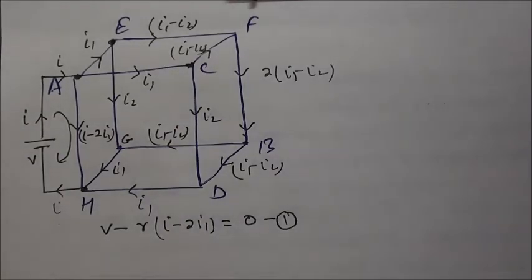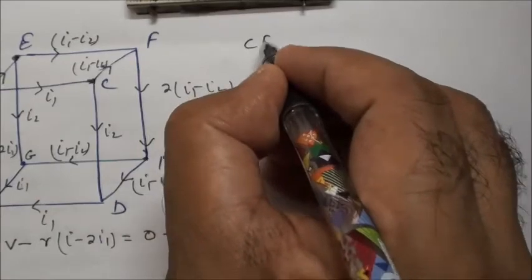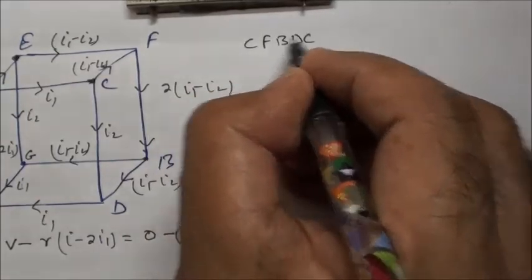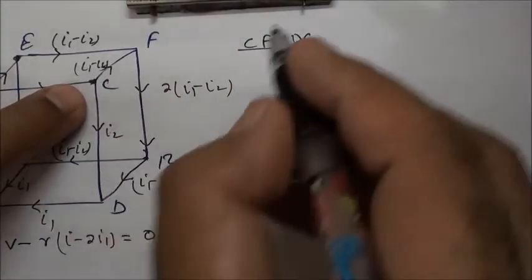Another one I can take from the loop, this one, CFBD. So CFBDC, this loop. What will be the equation here?